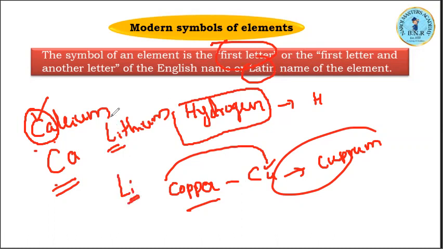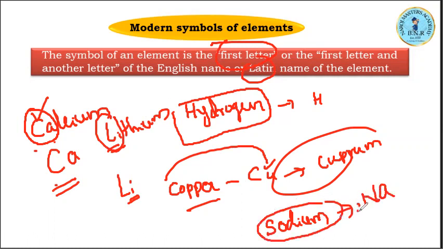Okay, first two only there. And sodium, its symbol is Na. Completely different here. There is no first letter, no second letter, no third letter. Na is nothing but from the Latin name of sodium.